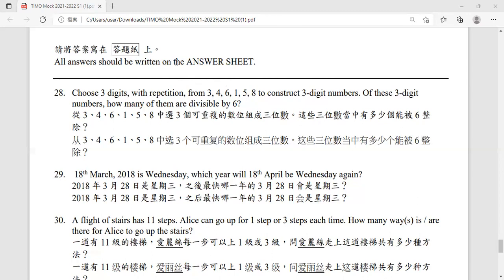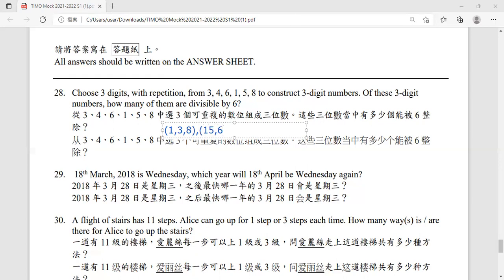So you just try to have like 1 or 3. You have some combos like 1, 3, 8, something like this. So you make all these combos first.